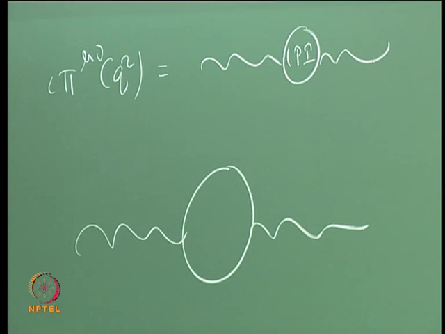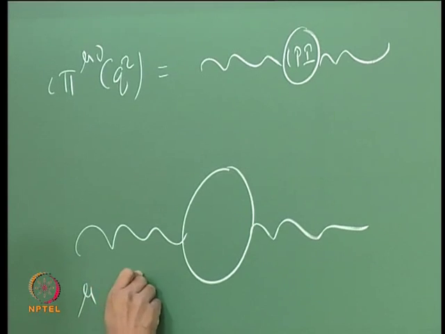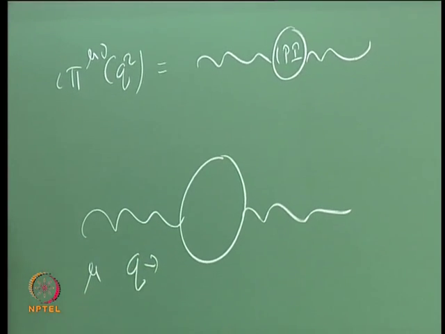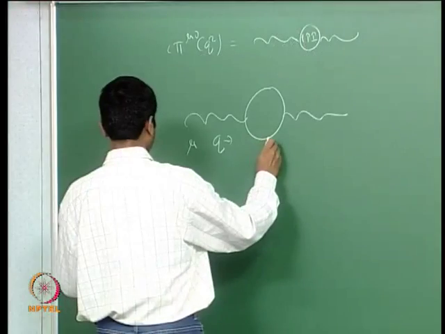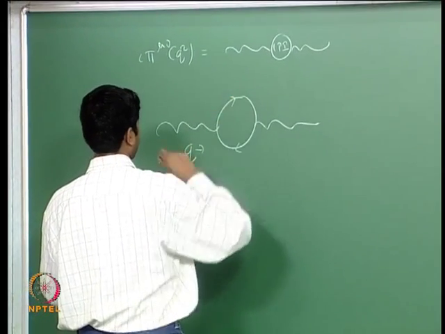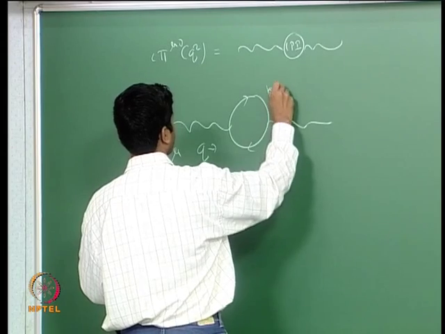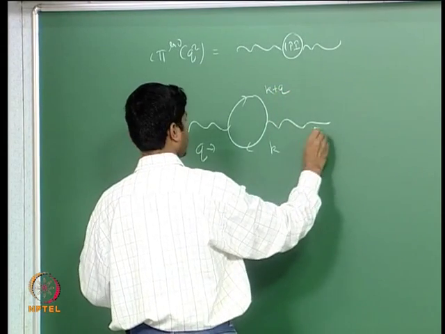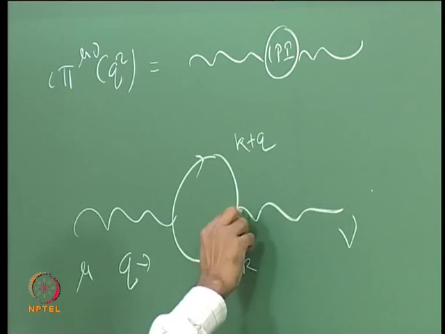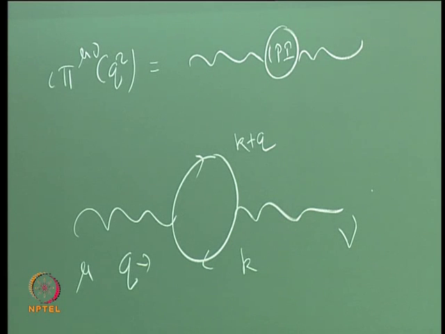The second order contribution is determined by the one loop diagram of this type, where a photon of momentum q creates a virtual electron positron pair of momenta k and k plus q, and finally they get annihilated.